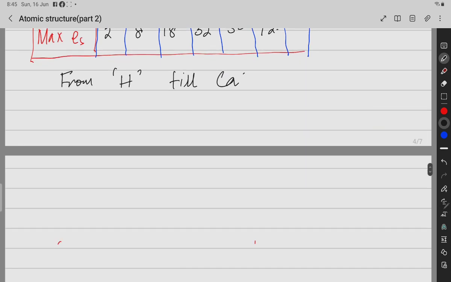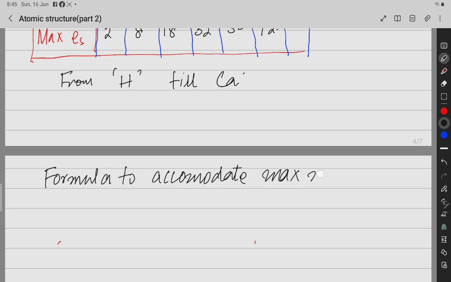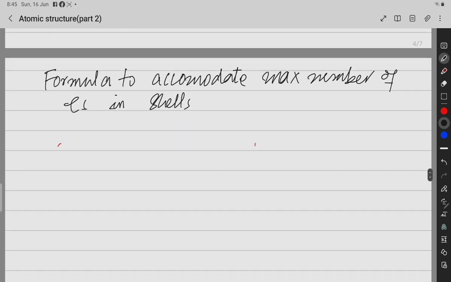There is a formula for the maximum number of electrons in shells, that is 2n squared, where n is the number of the shell.